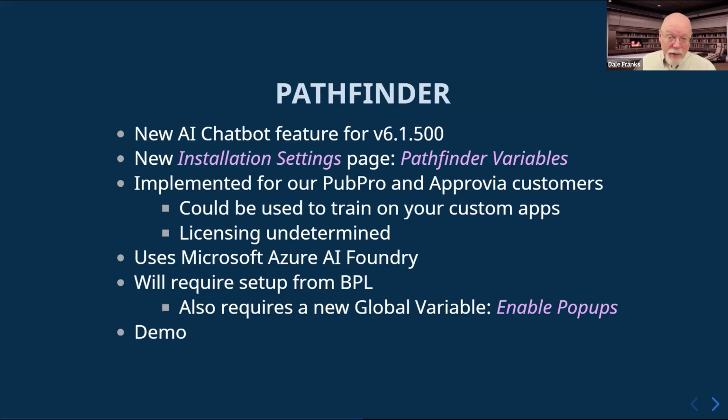Like I said, especially if you're a cloud customer, we're going to have to set that up for you. So it is going to change. So there is probably going to be at least a charge for that. How that's going to affect your licensing, or whether you're going to need to purchase an additional license to run it, because obviously there are ongoing costs to keeping an AI system up and running, we'll discover as we move forward. Those discussions are still going on internally, but you are going to see the Pathfinder variables page.